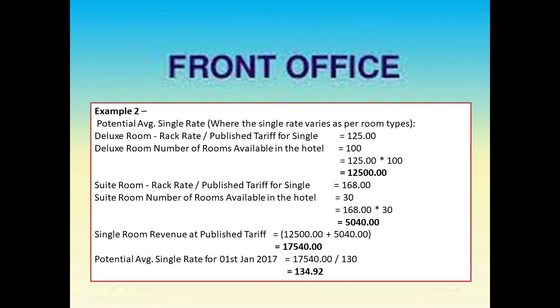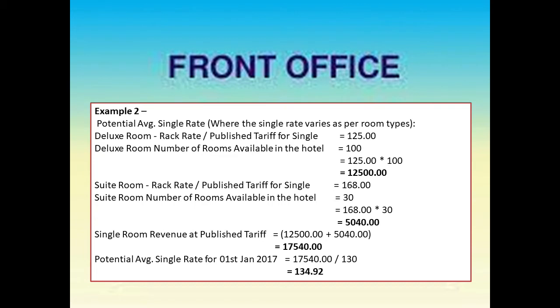For example number 2, potential average single rate where the single rate varies as per room types. Deluxe room rack rate, published tariff for single, 125. Deluxe room number of rooms available in the hotel, 100, is equal to 125 multiplied by 100. The equivalent is 12,500.